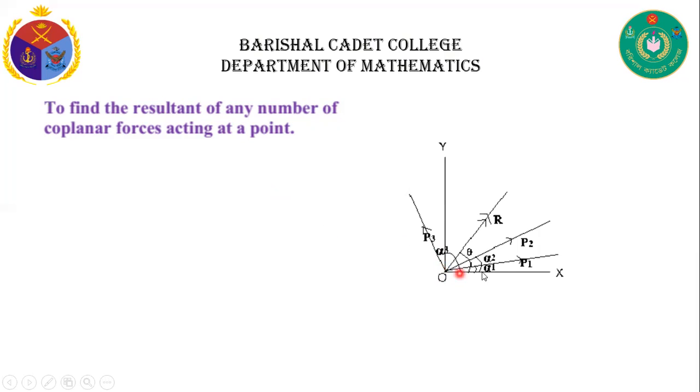We see that OX and OY are two axes, and P1, P2, and P3 are three forces, and they make angles alpha 1, alpha 2, and alpha 3 with the x-axis. Boys, clearly note that all angles must be with the x-axis. And here is the resultant R. It makes angle theta with the x-axis.